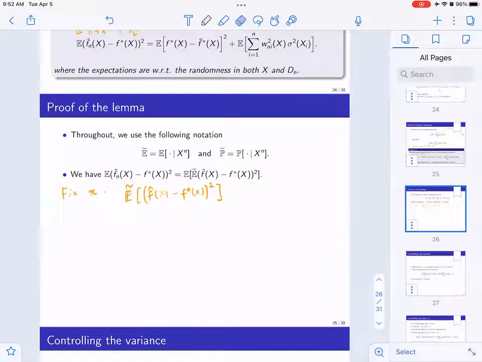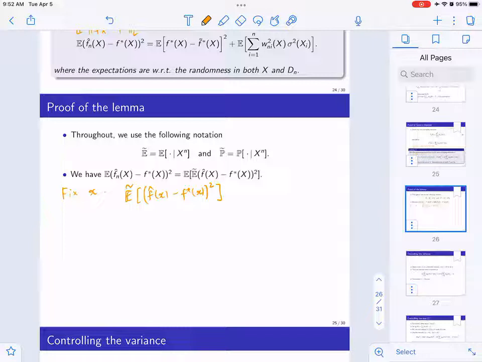The x here is deterministic, so I'm going to write it like that. The reason why I introduced this is because this is just a valid expectation. I can treat it as a regular expectation and do the bias variance decomposition for this. You don't have to worry too much about it. So how do we do bias variance decomposition?